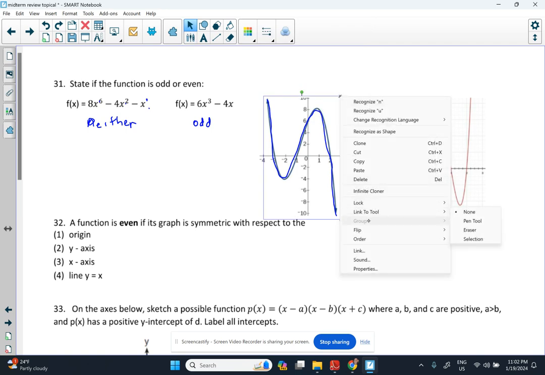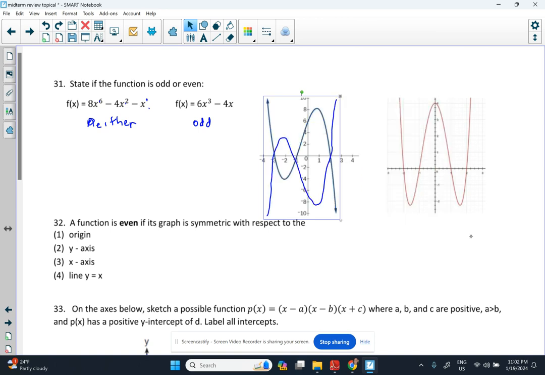Flip up and down. And we see that it's not the same. So it's not odd and it's certainly not even because it's not symmetric with respect to the y-axis. So this is a neither.